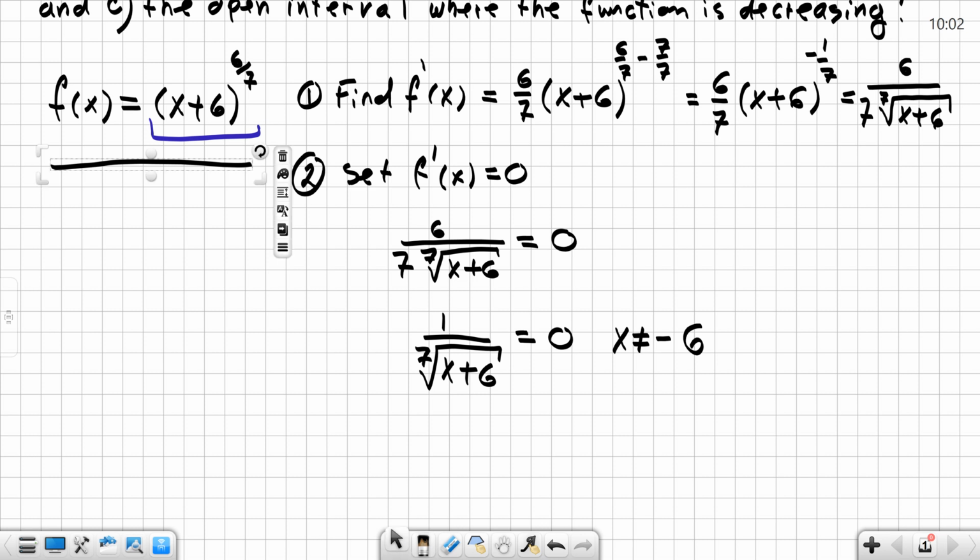It is 0 at -6. So for A, the critical number is -6. There is only one.